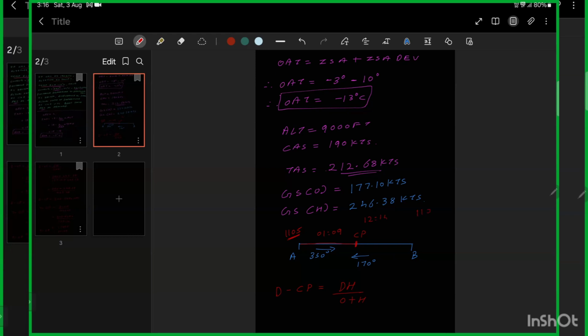Add 11:05 and 69 minutes to it. So at 12:14 you will reach. So which will be the right option given in the question? C, Charlie. Understood? Yes. Okay. Which other questions do you have?